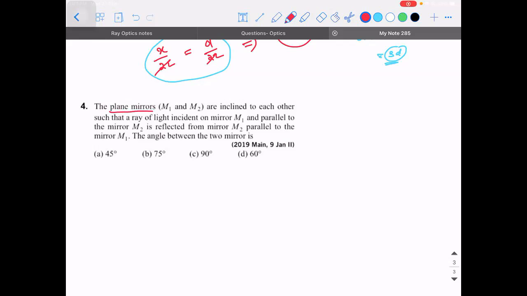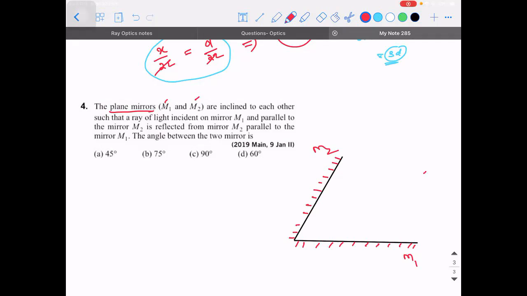Plane mirrors M1 and M2 are inclined to each other such that a ray of light incident on the mirror M1 and parallel to M2 is reflected from M2 parallel to M1.